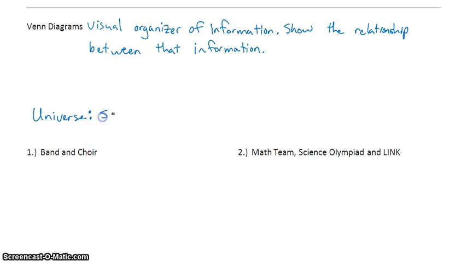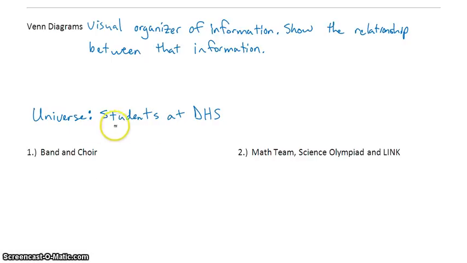In this example, I want our universe to be students at Delano High School. If our universe was something different, like the entire planet, our Venn diagram would look different. Or if our universe was students in this class, our Venn diagram would look different.